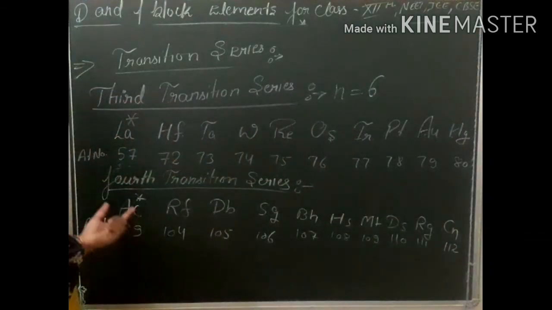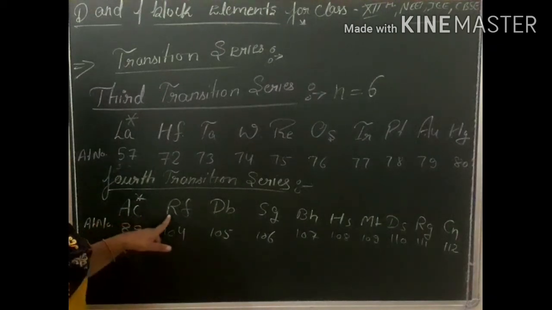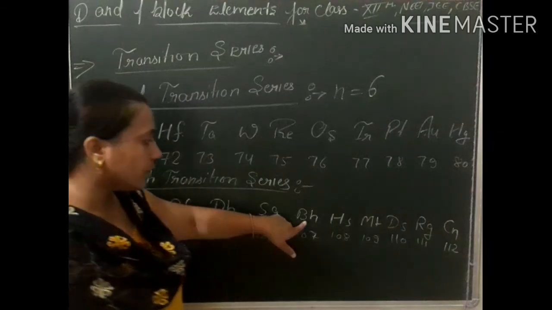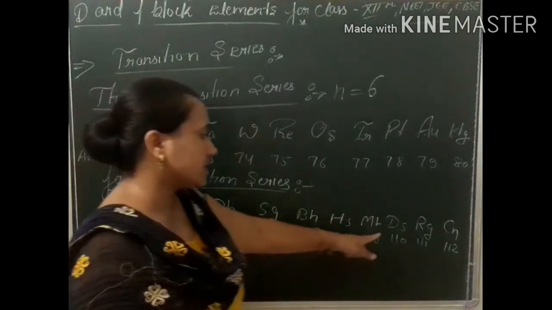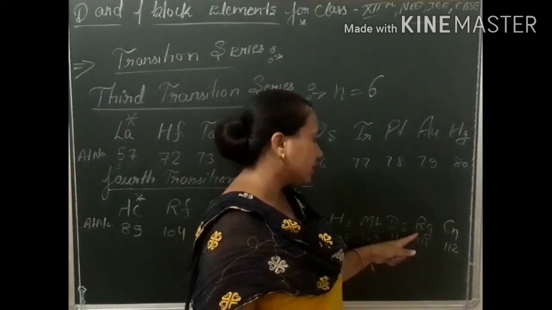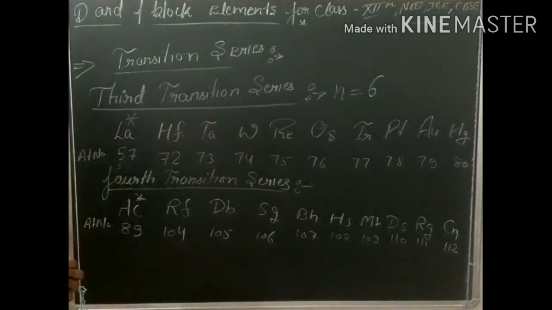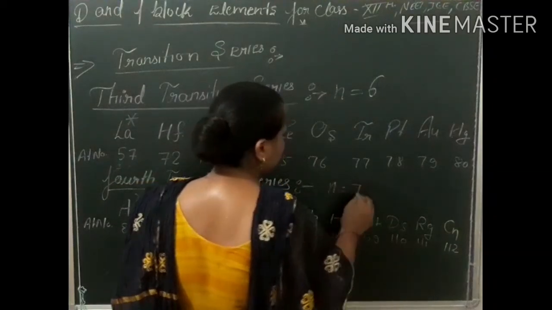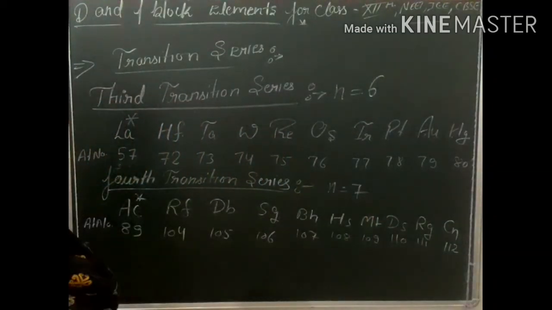Now this is the fourth transition series: actinium, rutherfordium, dubnium, seaborgium, bohrium, hassium, meitnerium, darmstadtium, roentgenium and copernicium. Here the value of n is equal to 7. You can also use any tricks to remember these elements.